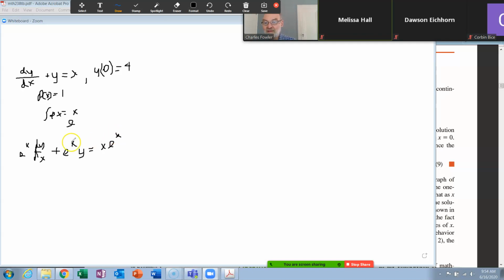Now, at this point, we say this left-hand side is supposed to be a perfect derivative, d by dx, of the product of that integrating factor, e to the x, times y. That's what it's supposed to be if we did all the steps right.